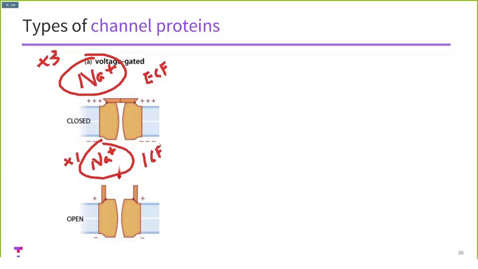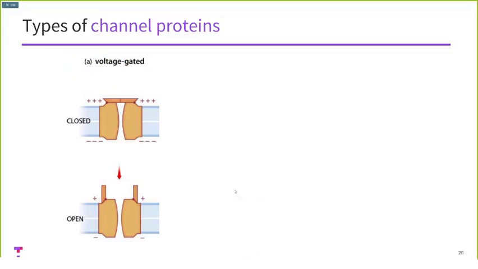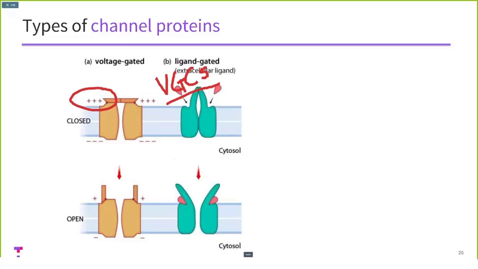In this case, what you're seeing is that some receptors, namely in your nervous system, will respond to a change in charge. In our terms, we can call these VGCs. Just to make life a little easier, abbreviations really do help. So VGCs are going to be voltage-gated channels. And then you can also have some that are considered ligand-gated channels, LGCs.